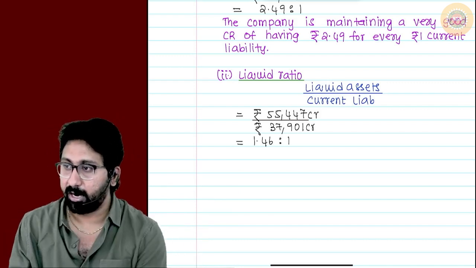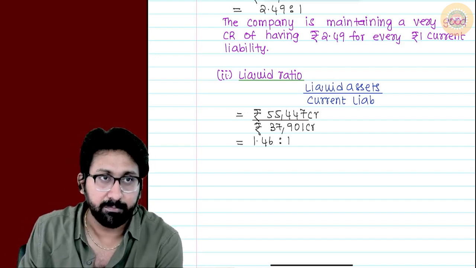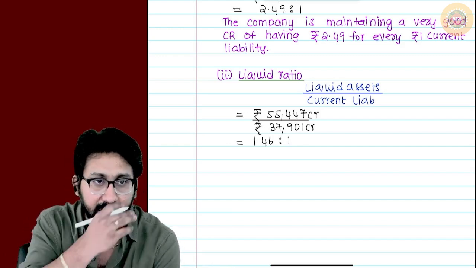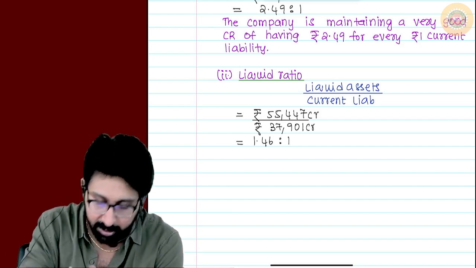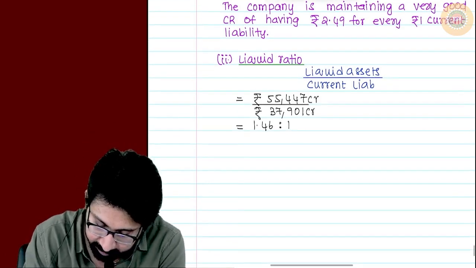Sorry. Write down up to here. Liquid ratio: liquid assets by current liabilities. Completed writing? Write the comment and go to the next year.